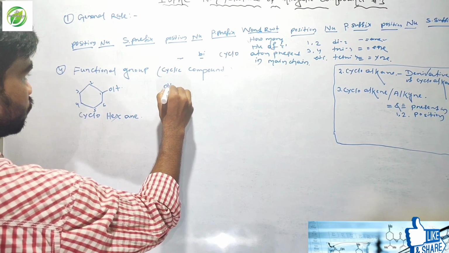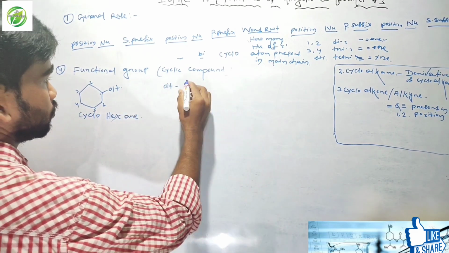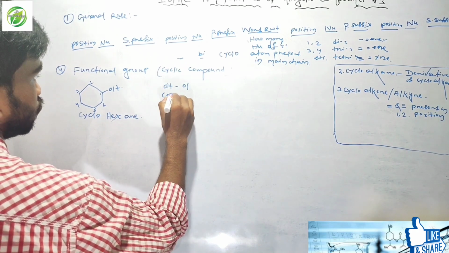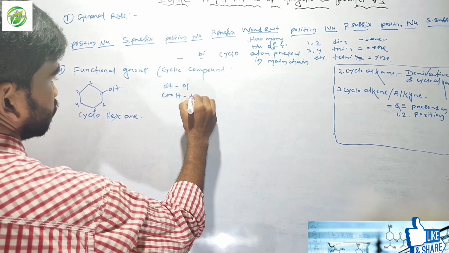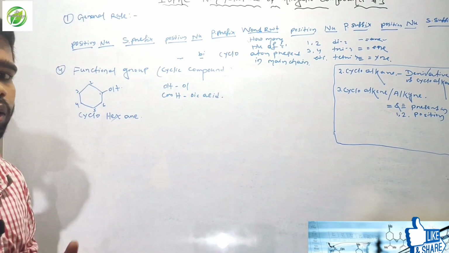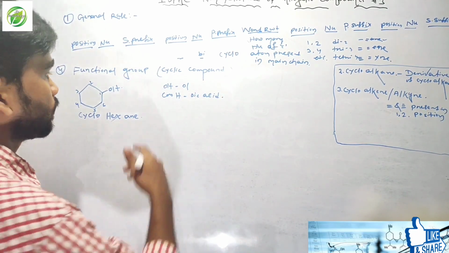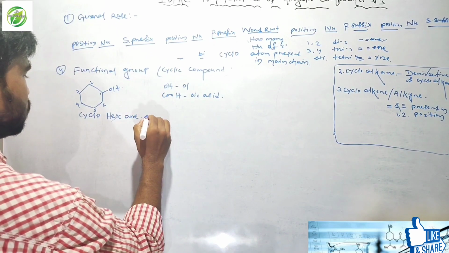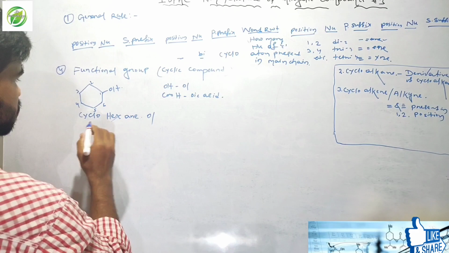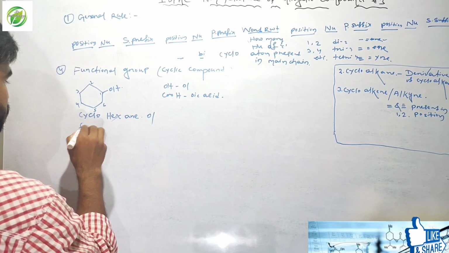For an OH group, we use the suffix ol. For a COOH group, we use the suffix oic acid. We already discussed this in your previous lectures. So we use ol. The resultant name of this compound is cyclohexanol.